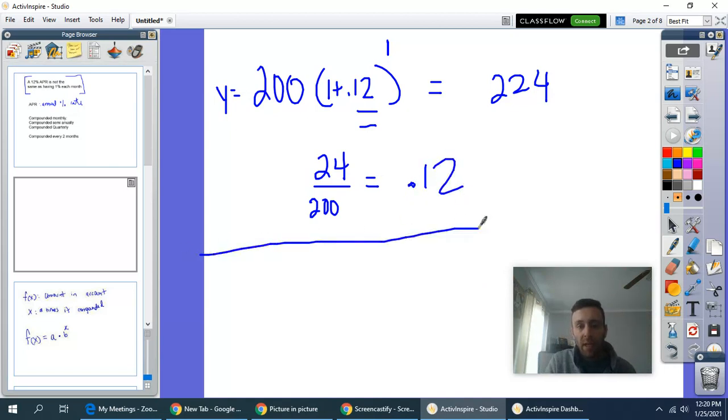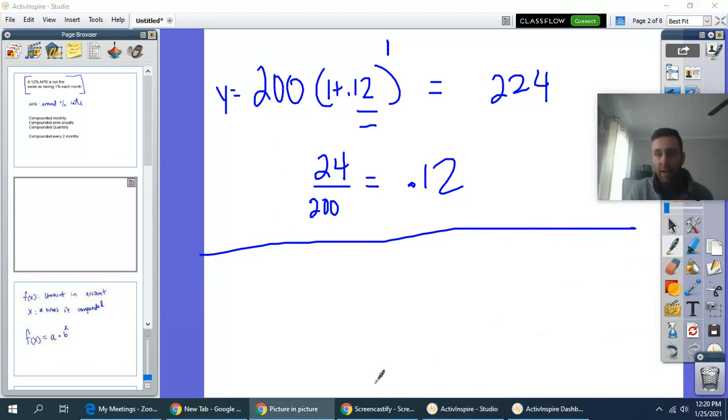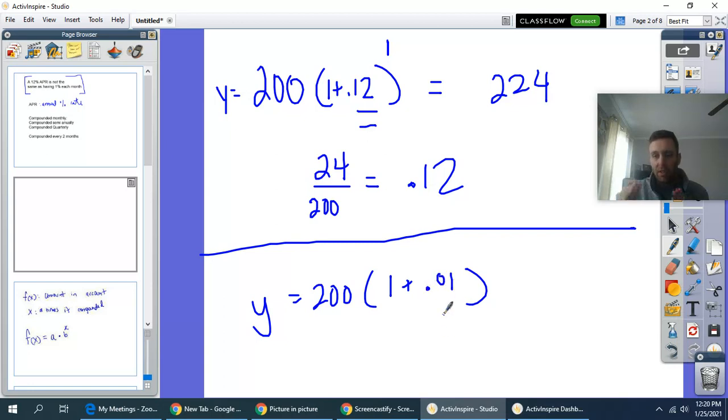But if it's a monthly percentage rate and you did 1% every month, I'm doing the same $200 and the same 12%, so it's 1 plus 1%, because it's 12 divided by the 12 months. So every month is 1%. Because this is the per month rate, 1 year is actually 12 months, so it's multiplied 12 times.